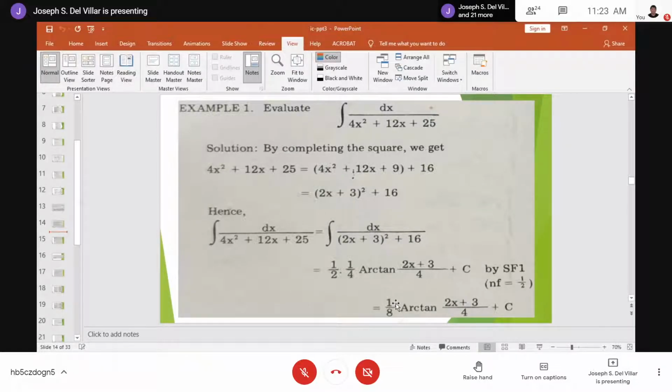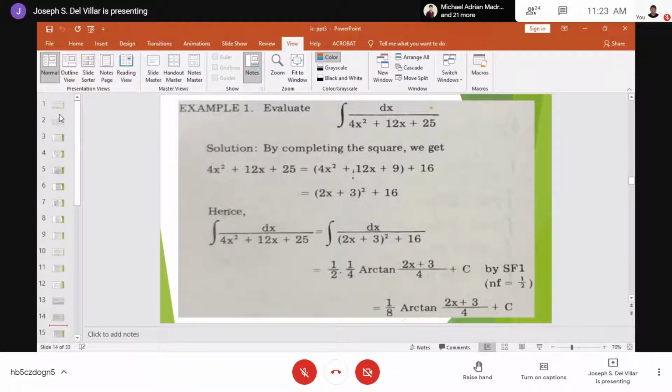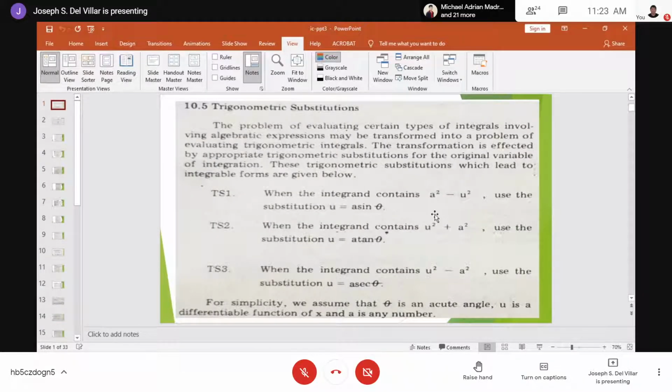And then simplifying, we have 1/8 times arctangent of 2x plus 3 all over 4 plus c. Okay? So ginamit dito is using the standard formula. But you can also apply yung substitution method.